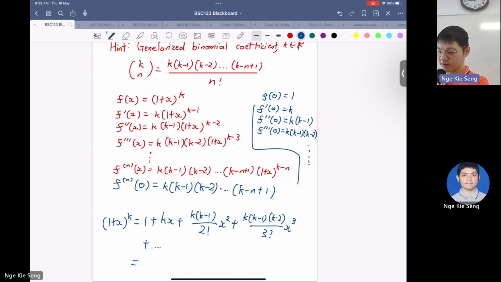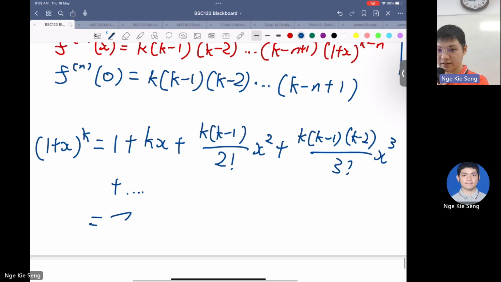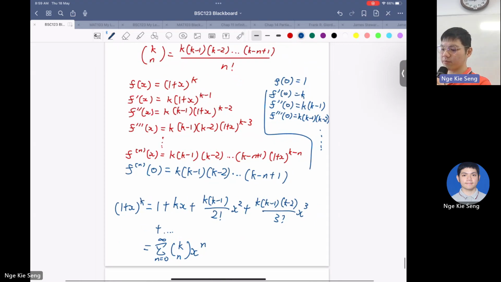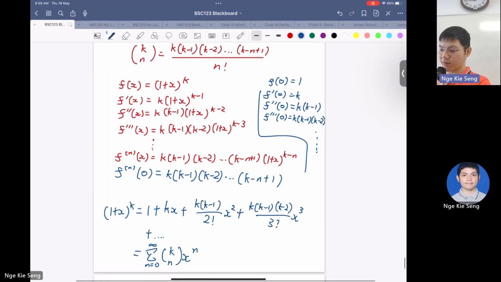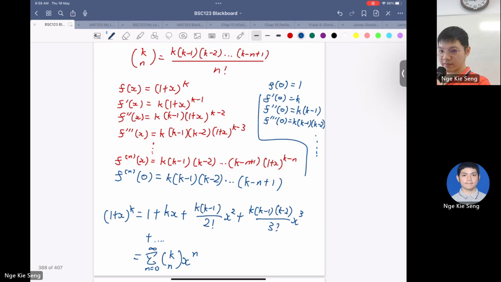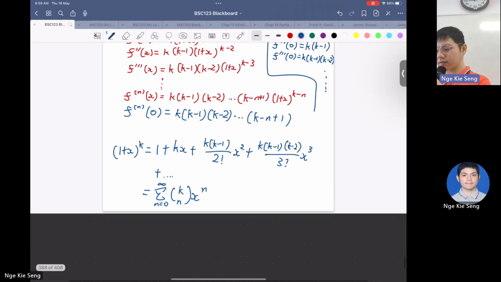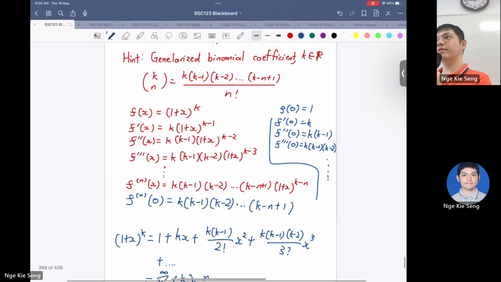So we can write this as the sum from n equals 0 to infinity of k choose n times x to the power n. The formula is still the same, just that the number you put into the binomial coefficient is different. Okay, so what's the next thing you want to do?